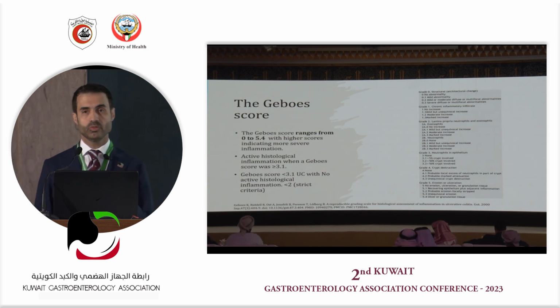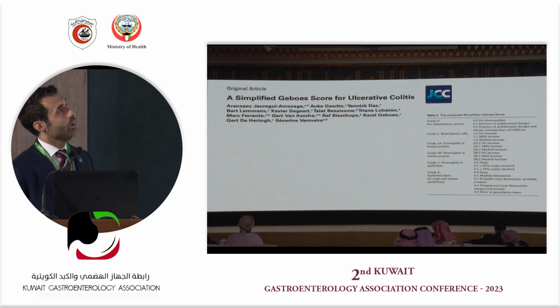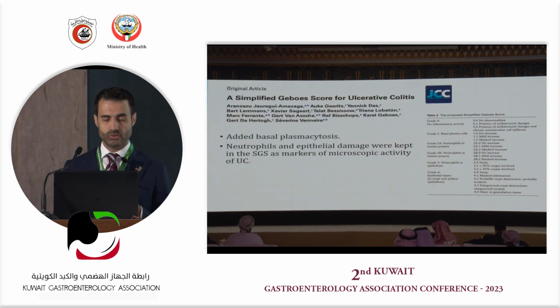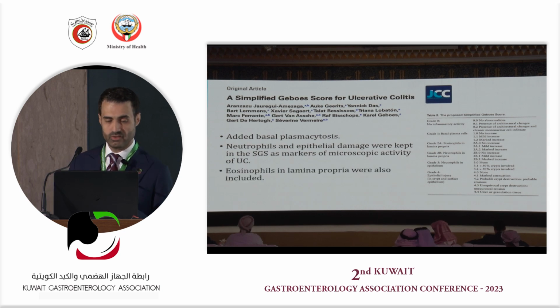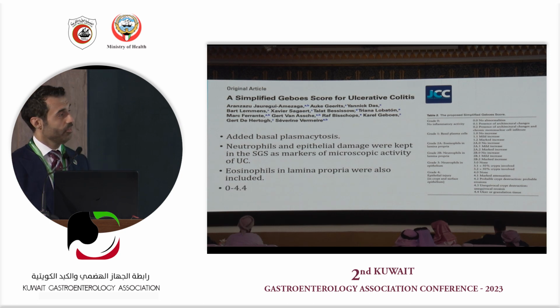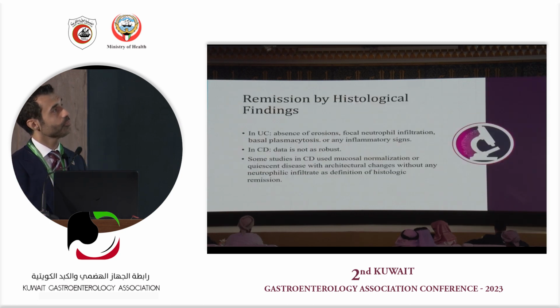So 3.1 or 2, depending on the studies. Then the simplified GHAS score, which was added 5 or 6 years ago: plasmacytosis, neutrophils and epithelial damage were kept in the simplified score as markers of microscopic activity. Eosinophils in the lamina propria were also added. And this is a score from 0 to 4.4.